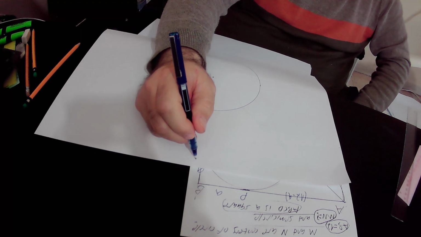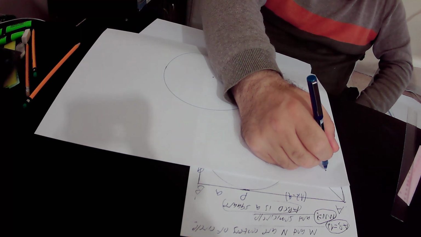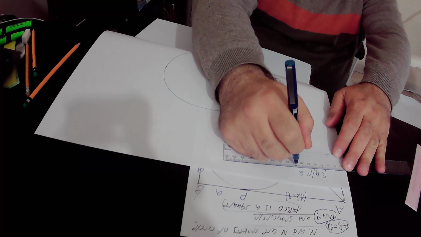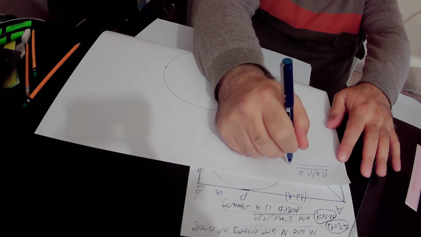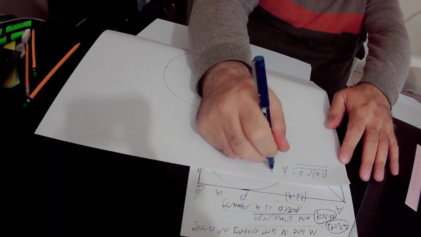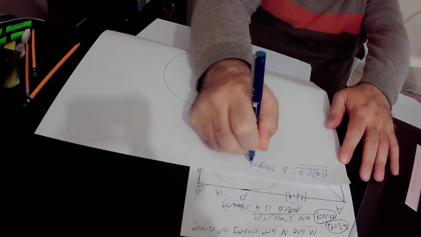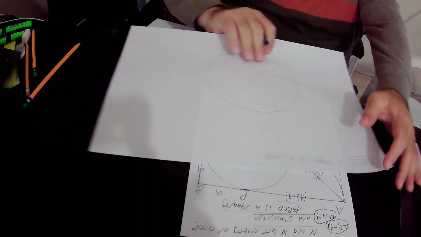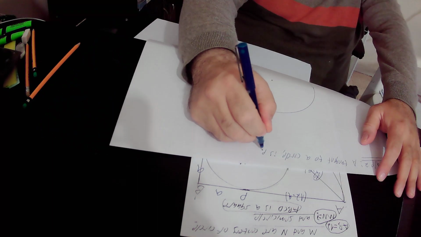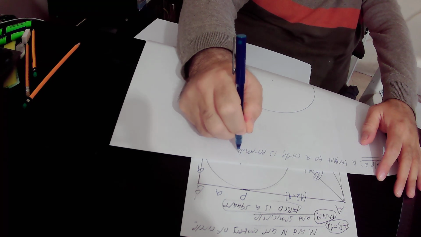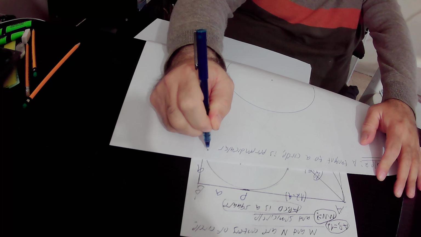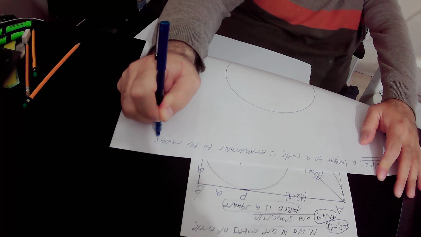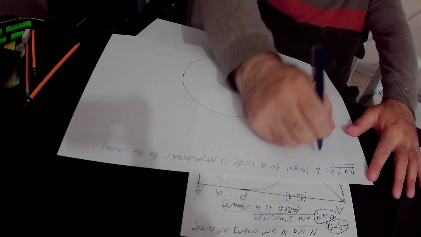According to rule number 2, a tangent to a circle is perpendicular to the radius drawn to its point of tendency.